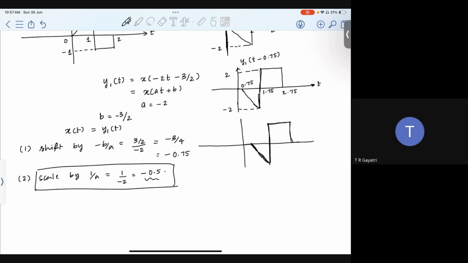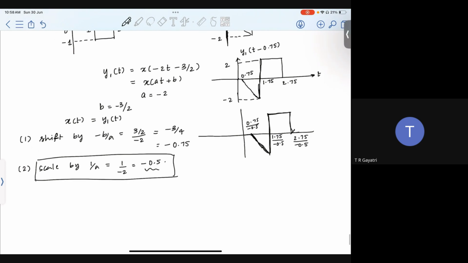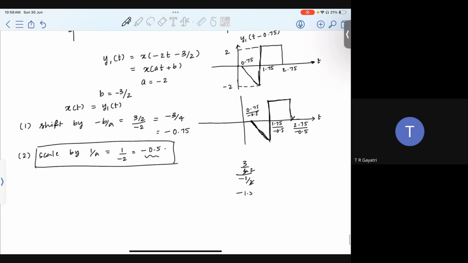Now I have to divide 0.75 by minus 0.5. This is 1.75 divided by minus 0.5. And this is 2.75 divided by minus 0.5. So how does that look? 3 by 4 divided by minus half is minus 1.5.